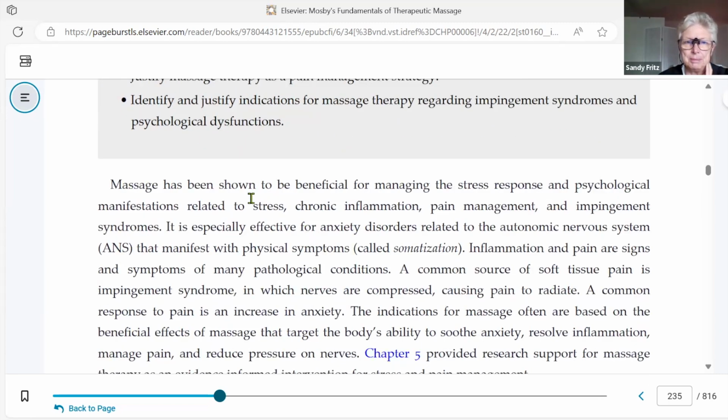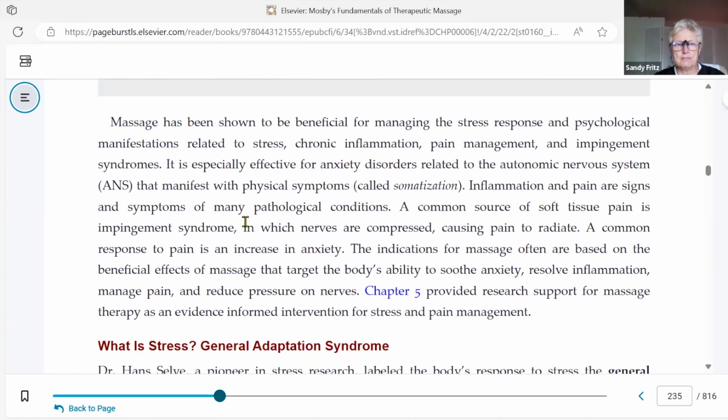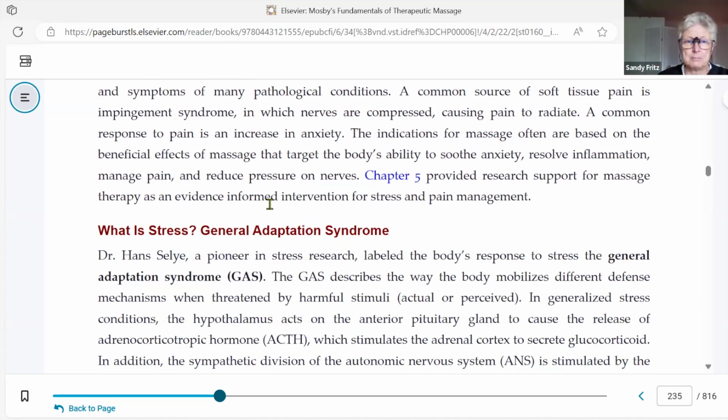So this will be, again, another way of framing this content. This has been discussed in your essential science class, in your textbook. We've come across it in other parts of the fundamentals book. It'll show up again in other chapters.